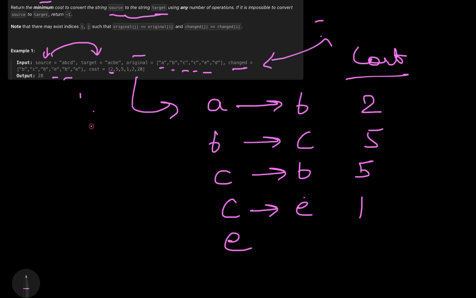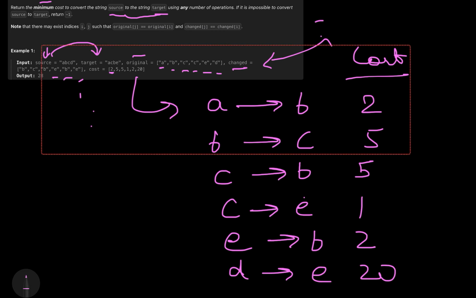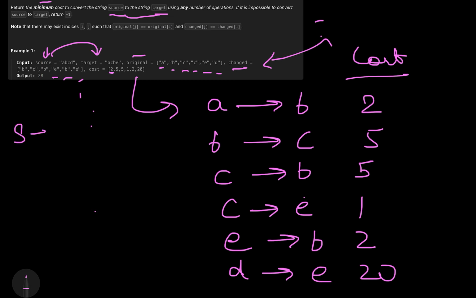To change E to B the cost is 2. And to change from D to E the cost is 20.